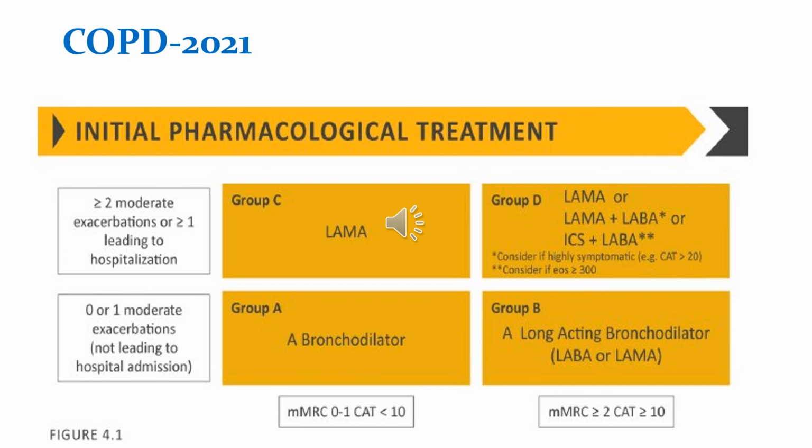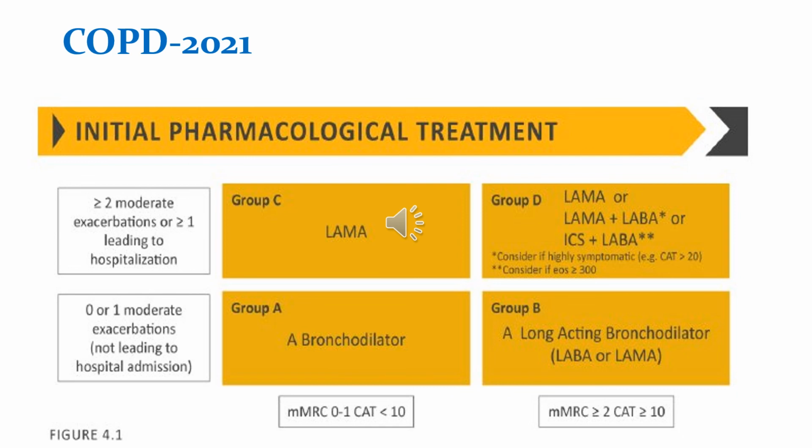When we go from group C to group D, which means same exacerbation but more symptoms, for symptoms control we usually add LABA, but for exacerbation control, if the patient has more exacerbations, then we use ICS plus LABA.